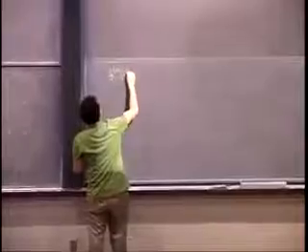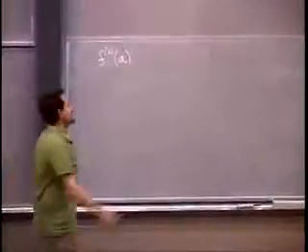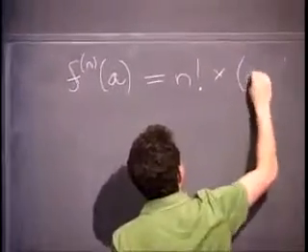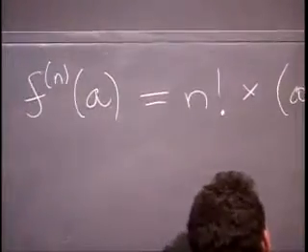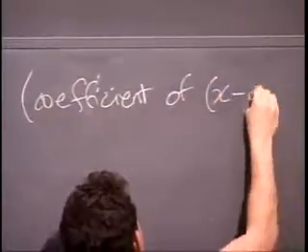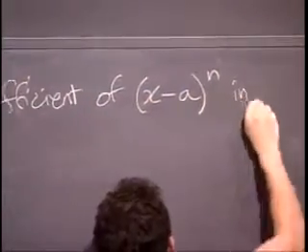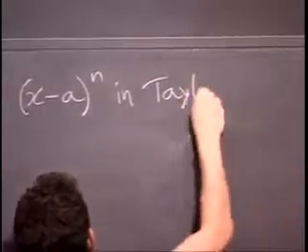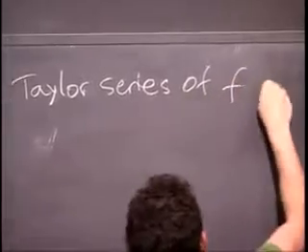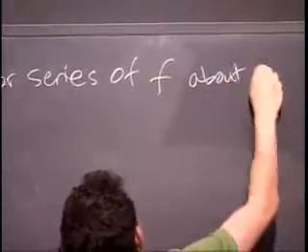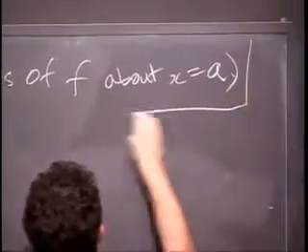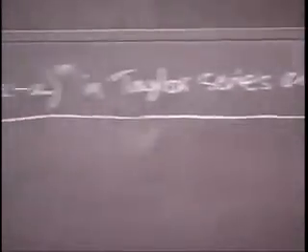The nth derivative of any function at some point a is equal to n factorial times a_n. And a_n is the coefficient of x minus a to the n in the Taylor series of f about x equals a. And here is the box.